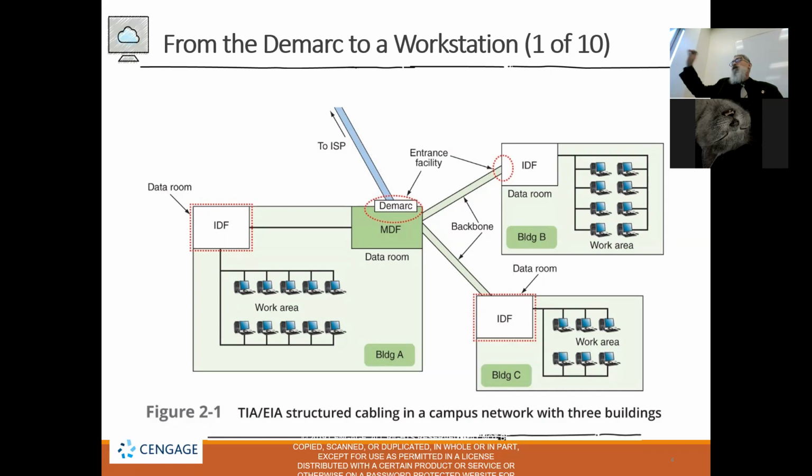It says QTEL on it, which tells us that it was put in there before QTEL changed its name to Ooredoo. Everything beyond it, as shown by this blue pipe, is the ISP, the Internet Service Provider. The Internet Service Provider for us is Ooredoo, and so they own the demarc box, and everything on the outside of that they also own and maintain. Whereas everything on the inside of that we own and we maintain.